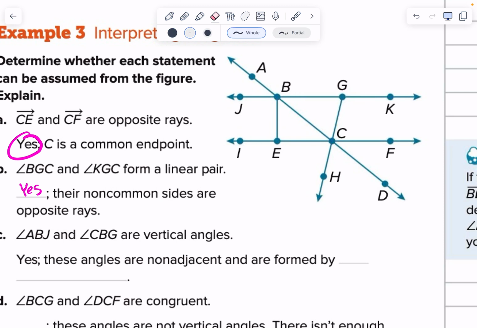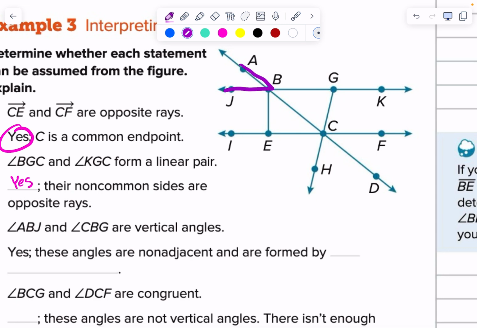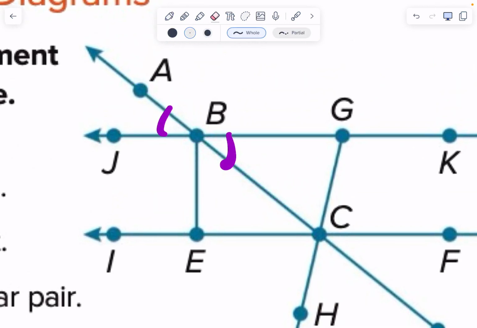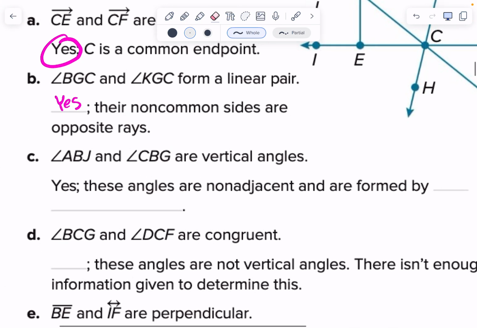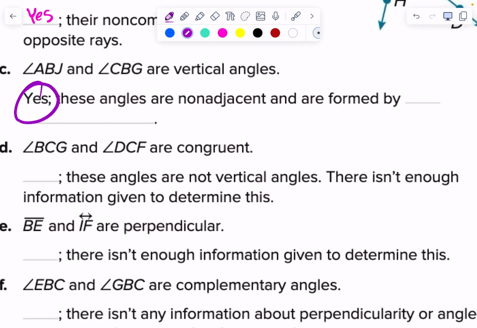Can we assume that ABJ, this angle right here, and CBG are vertical angles? Yes, because they make 2 straight lines, so we can assume that they are vertical angles, yes. All right, so they answer the question for us.